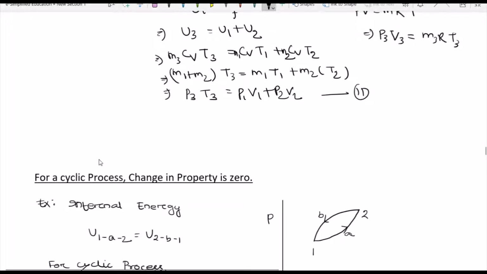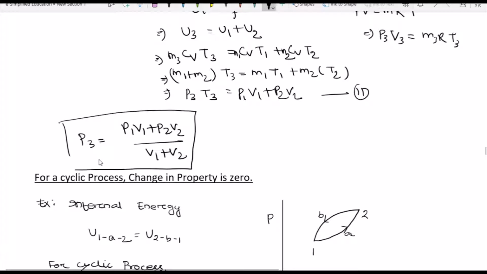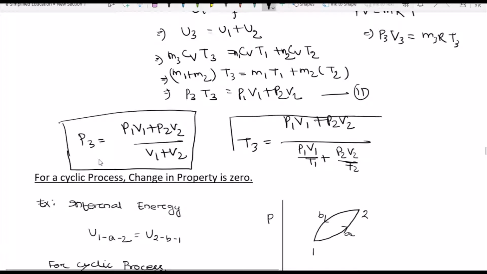So the final equations are: P3 will be P1 V1 plus P2 V2 divided by V1 plus V2, from equation number 2, and T3 will be P1 V1 plus P2 V2 divided by P1 V1 by T1 plus P2 V2 by T2. This is another final temperature expression for diffusion of gases.